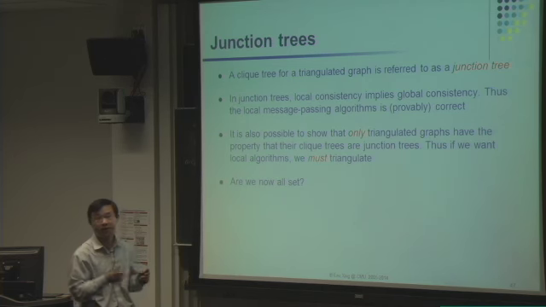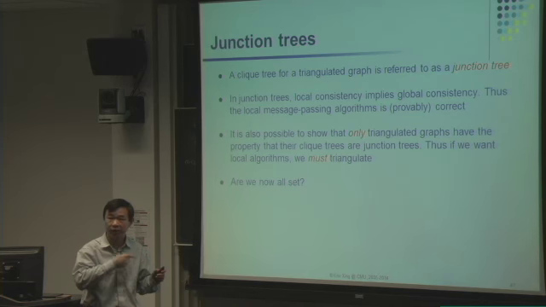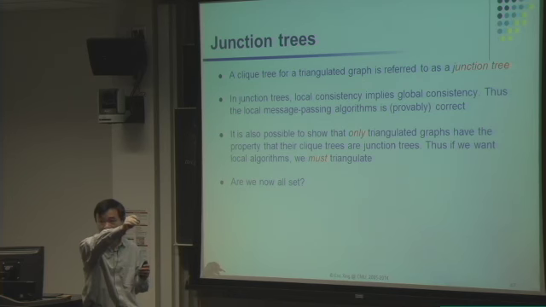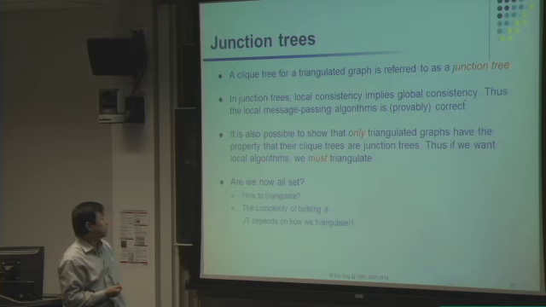Because when you pass a message from a node, it is going to carry those nodes which are supposed to be consistent with some other nodes in the other clique along with its message. Therefore, it will be continuously recalibrated and made consistent.